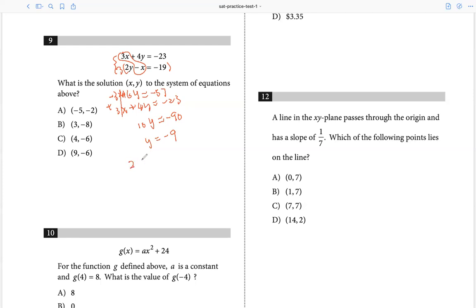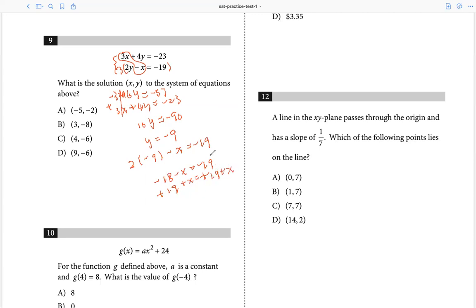So I substitute into the second equation: 2 times negative 9 minus x equals negative 19. 2 times negative 9, that's negative 18. Minus x equals negative 19. Then I add 19 on both sides, and I add x on both sides.